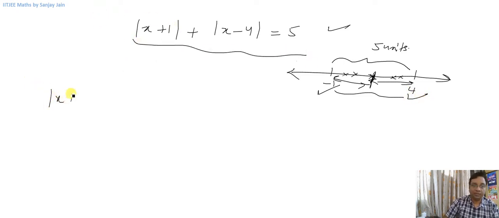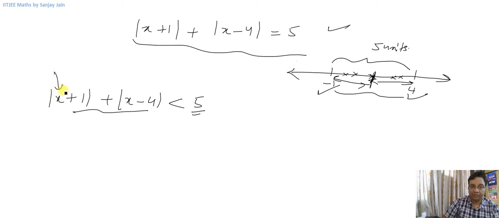Now if I convert it into an inequation, that is, I want to find the sum of distances which is less than 5 units. That means I am looking for a number, the sum of distances of which from -1 and 4 is less than 5. I looked at all these numbers that were between -1 and 4.